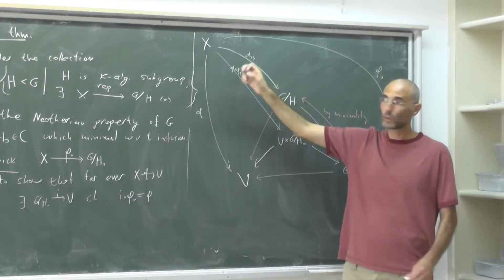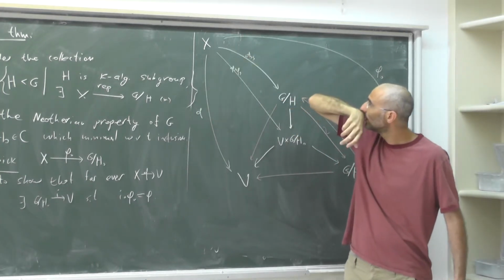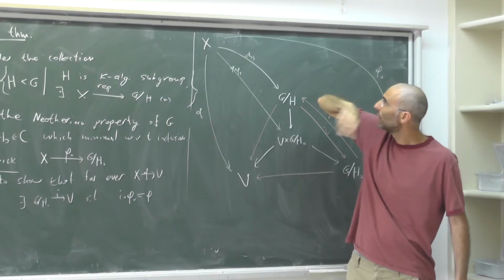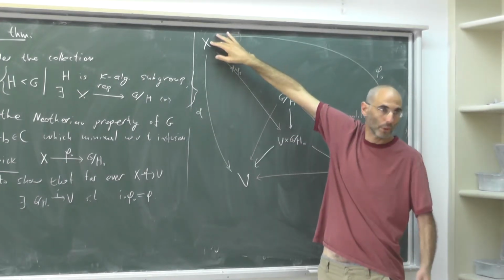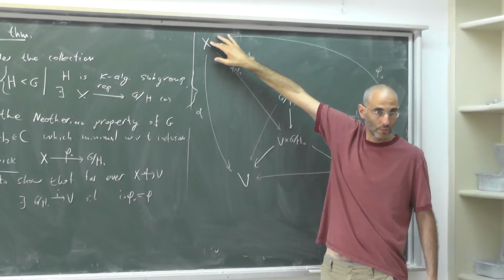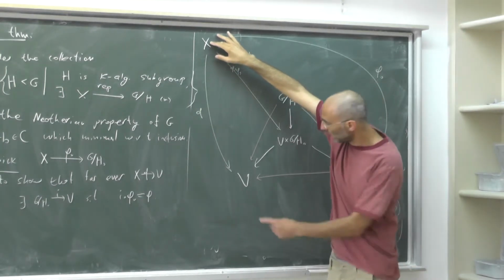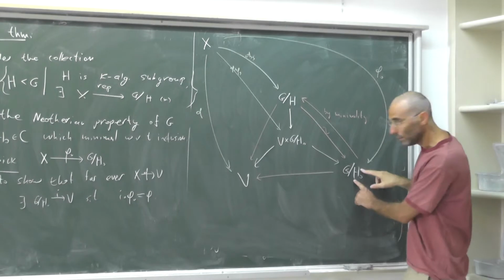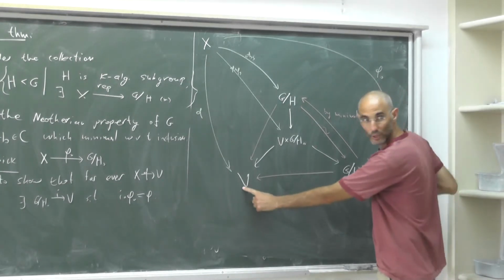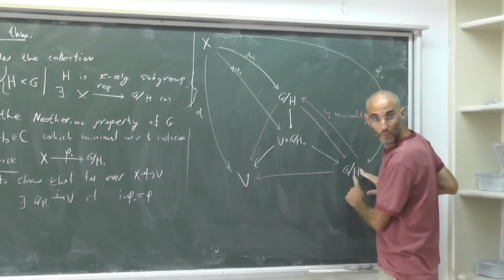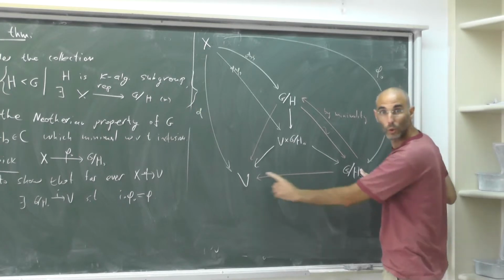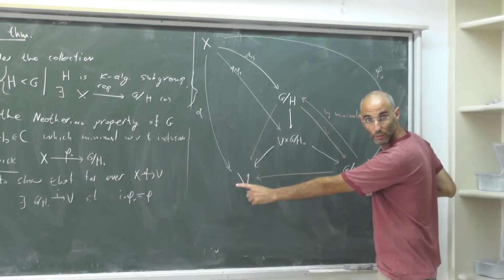I mean, by commute, take any point, or a generic point to be precise, little x here, take its image here, and its image here. That image here must go to that image here.